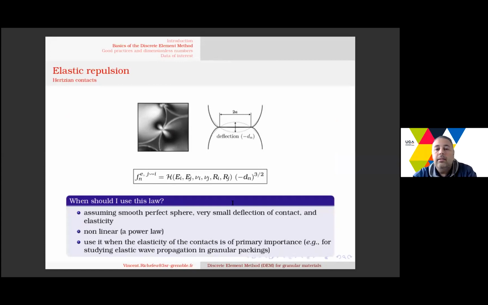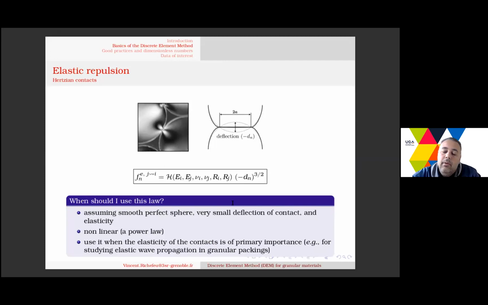So let's see the force law that we can use. If we consider that we've got elastic particles, they will be rigid particles, but we will consider that the contacts are elastic. And to do so, the common law that is often used is the Hertzian contact.